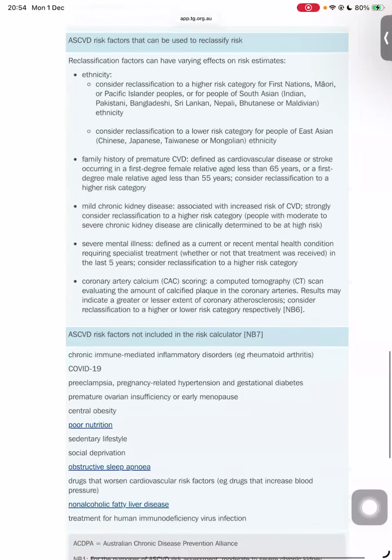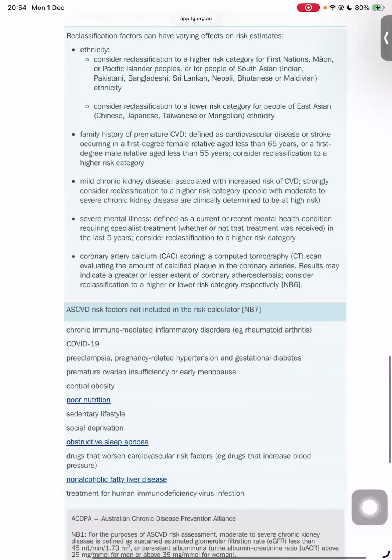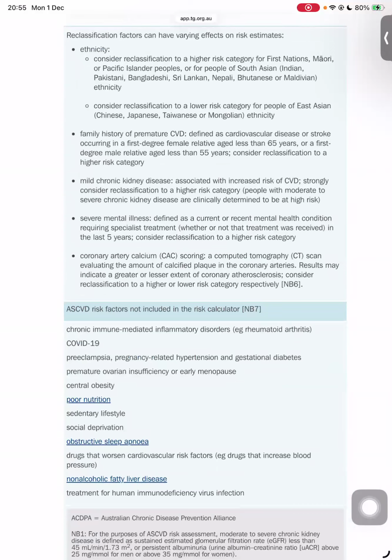So the next one is family history of premature cardiovascular disease. That is defined as cardiovascular disease or stroke occurring in a first degree female relative aged less than 65 or a first degree male relative aged less than 55. Consider reclassification into a higher risk category.